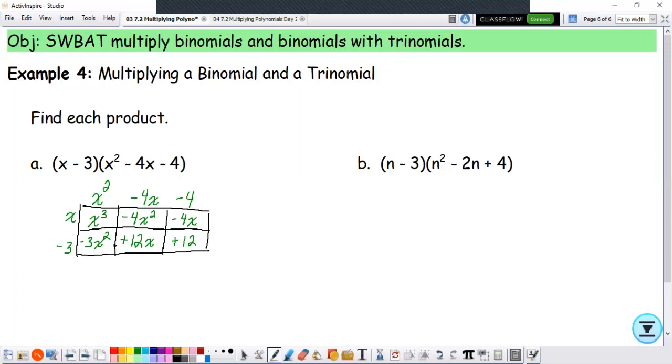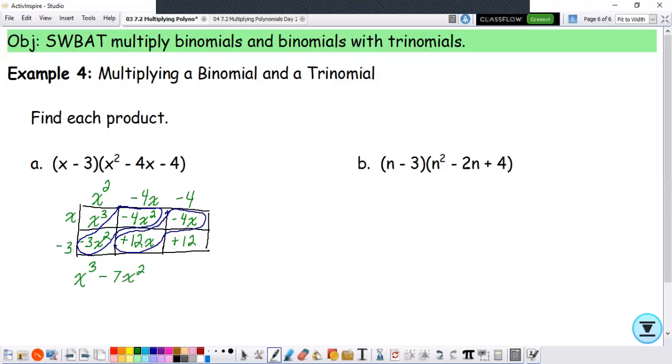One shortcut, instead of writing everything out, because we do have all of our terms here, I'm going to circle all of my pairs of like terms, and you'll see they follow a diagonal. So we have x cubed, negative 4x squared plus a negative 3x squared is negative 7x squared.